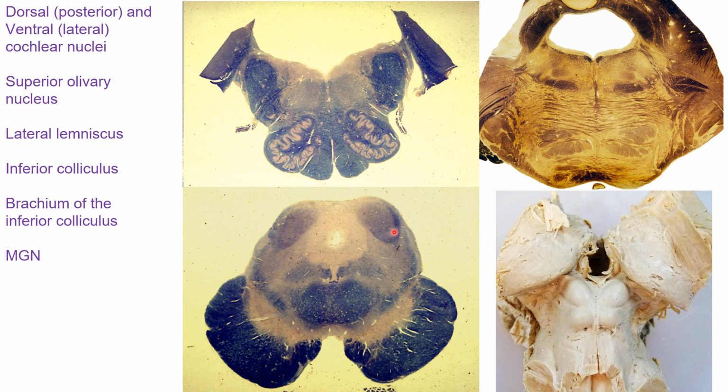So here on our midbrain cross-section, we have our inferior colliculi with our lateral lemniscus just hugging right there. And then our brachium of the inferior colliculus, we can see better here. So here's our superior and then our inferior brachium going to our medial geniculate nuclei right here.